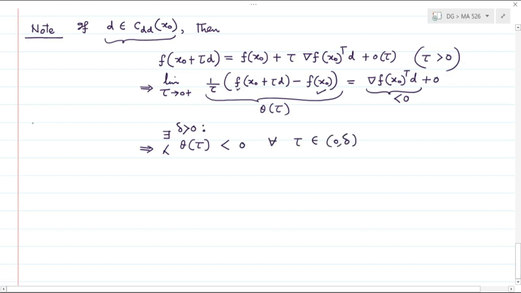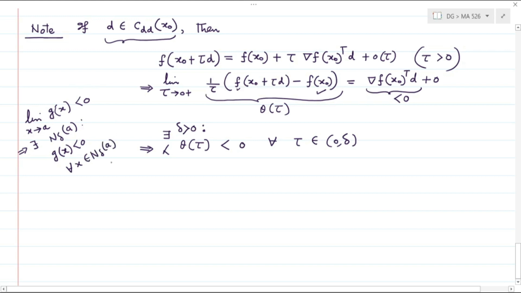This is due to a fact of calculus: if the limit as x tends to a of a function g of x is less than 0, then there exists a neighborhood of the point a such that g of x is less than 0 for all points x inside that neighborhood.